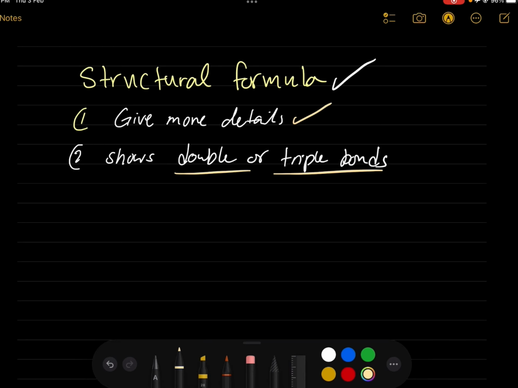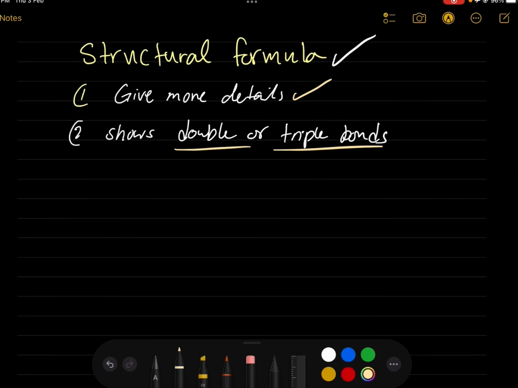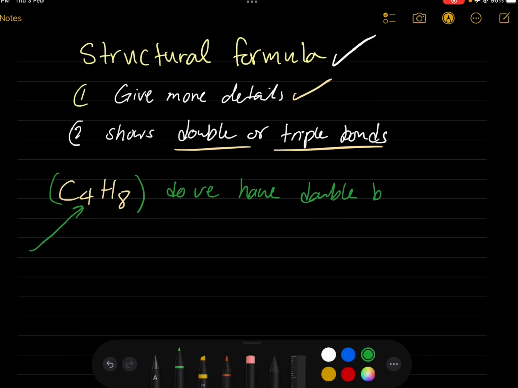So let's take an example like if I give you this compound C4H8, for example. So this formula here is a molecular formula, right? But in this case, does this molecular formula tell me anything about whether we have a double bond? Okay, if you don't know the alkanes or alkenes whatsoever, you don't know.